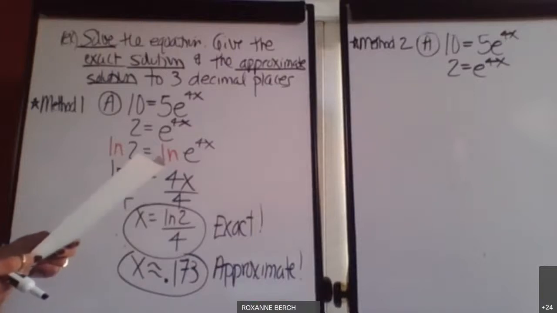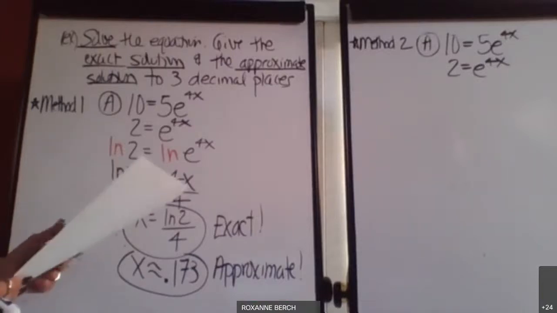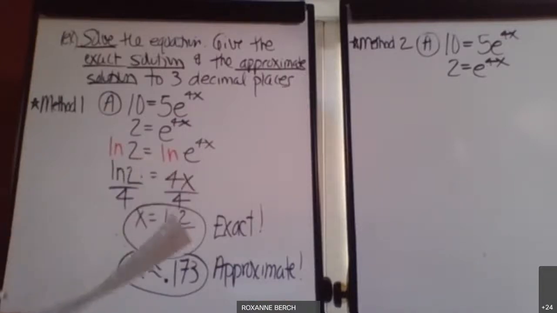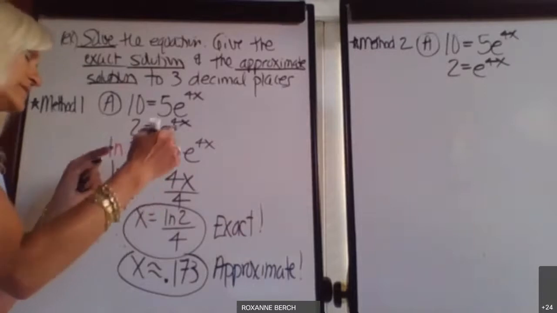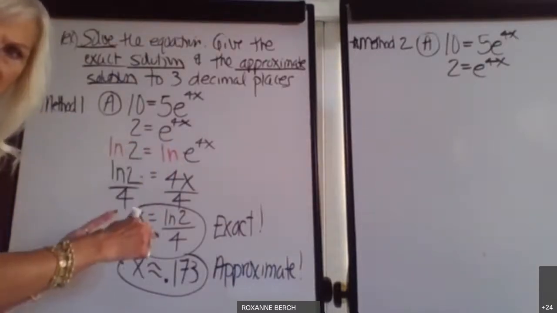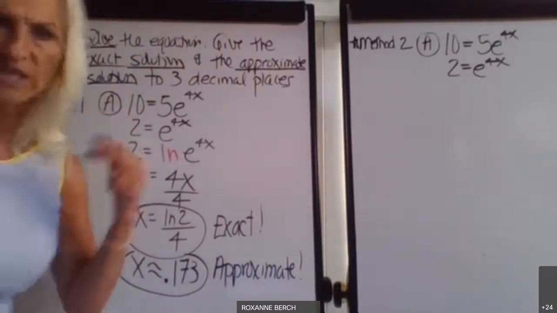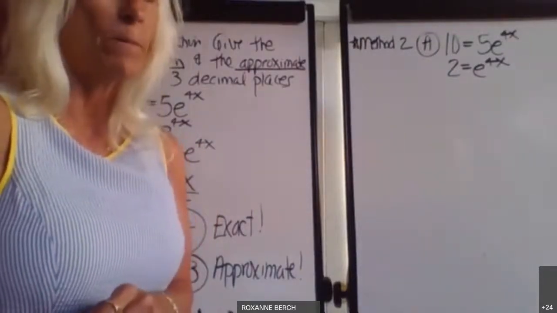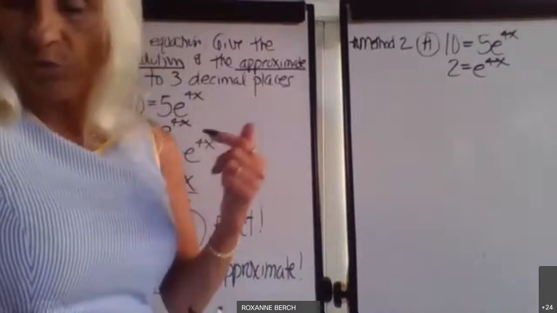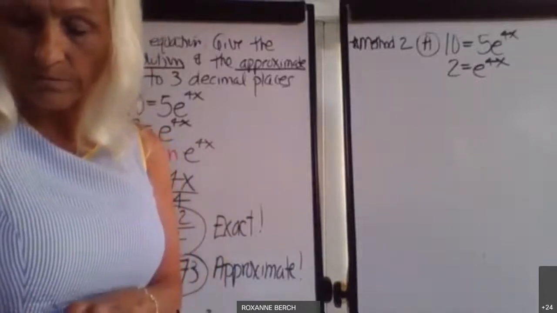Now what we're going to do is write it in logarithmic form. So the first method was taking a natural log to both sides. And now we're going to take an exponential equation and write it in logarithmic form. So how would you write this in logarithmic form?